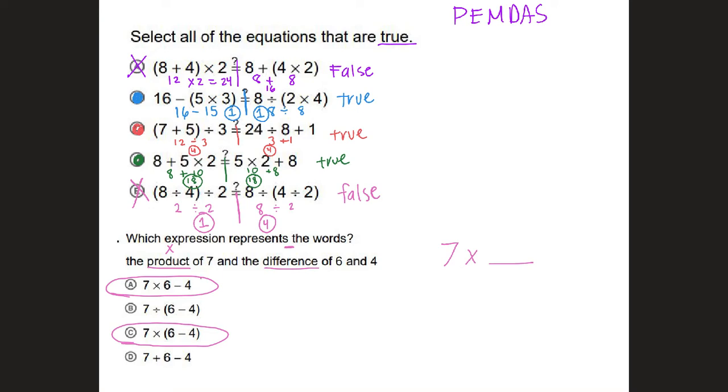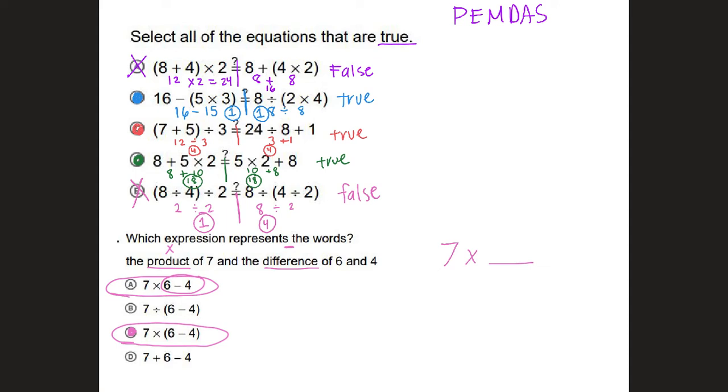And I can't do that here because according to order of operations, I would actually have to do 7 times 6 first. And if I do that, I can't do 6 minus 4. So my answer is C, 7 times 6 minus 4. So just having the correct operations is not enough information for you to decide that it is the correct answer.